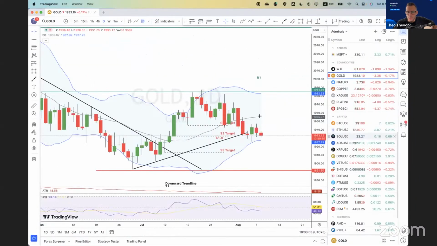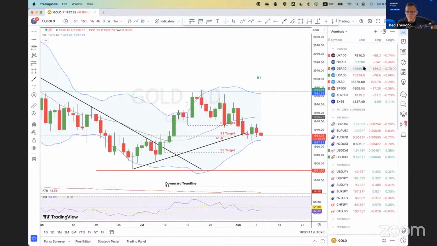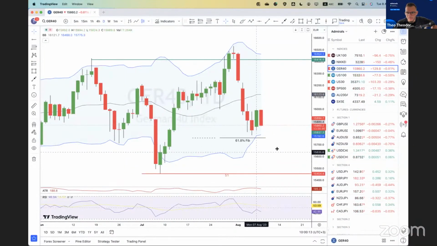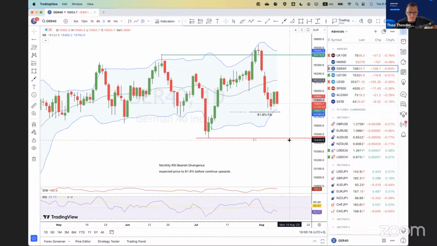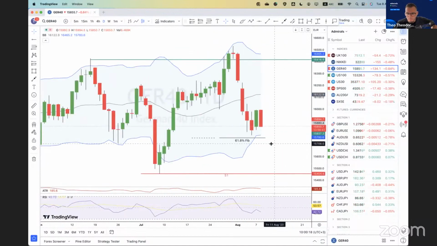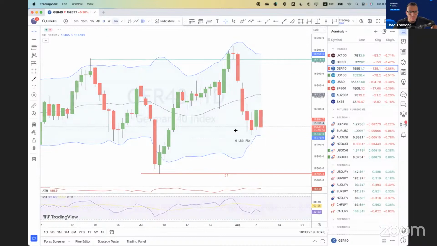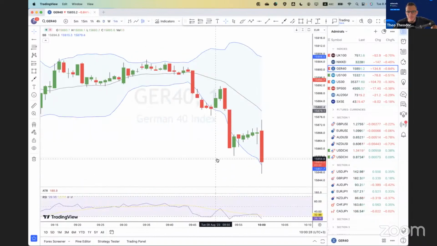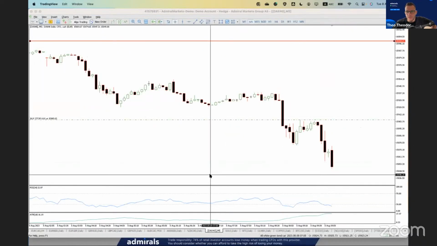Let me just quickly check how many seconds left. Okay, we still have some time. Around 40 seconds. You can see it from the TradingView platform. Check the 1 minute. It broke to the downside. 25 seconds.